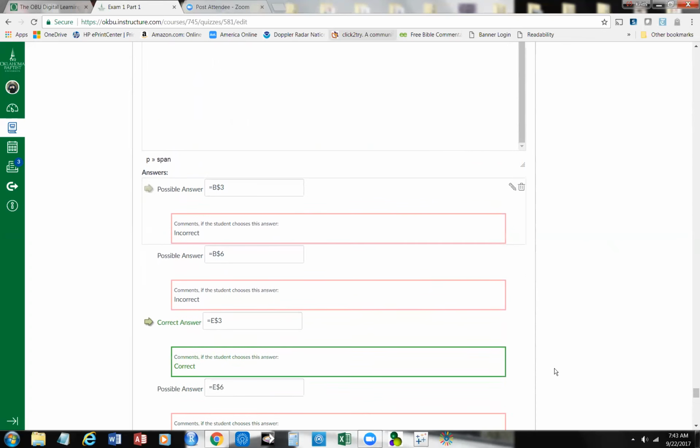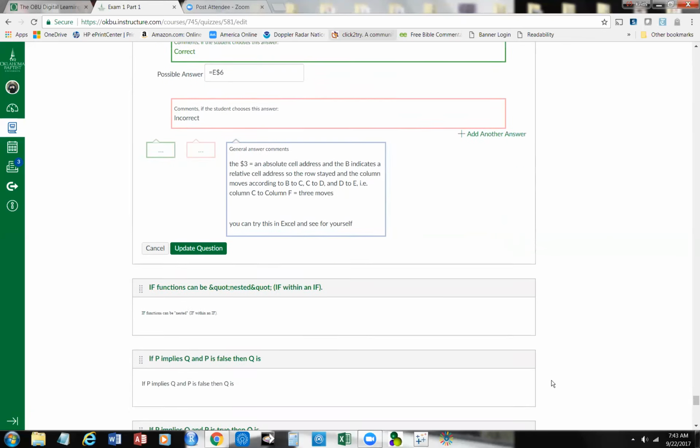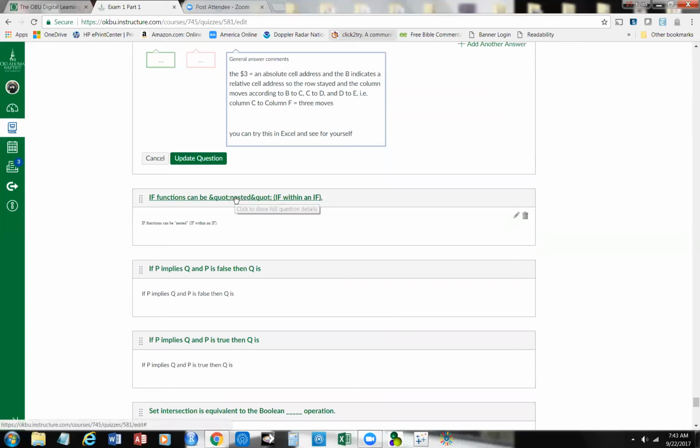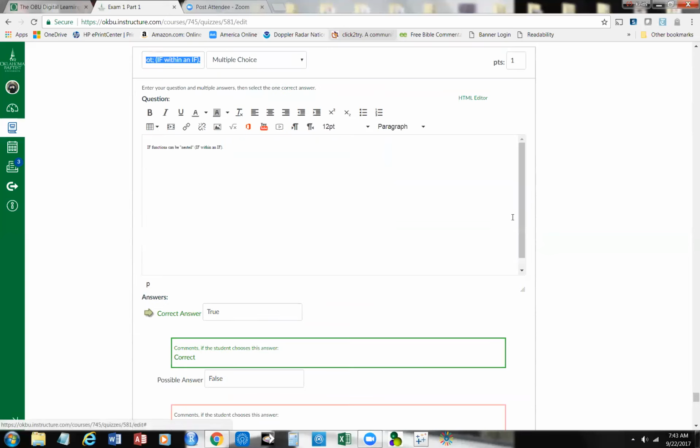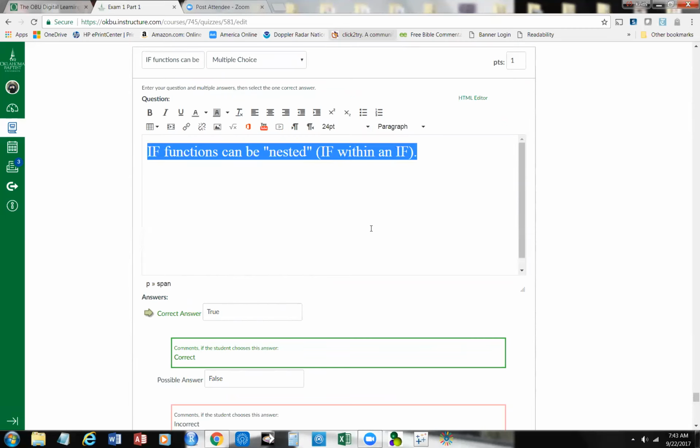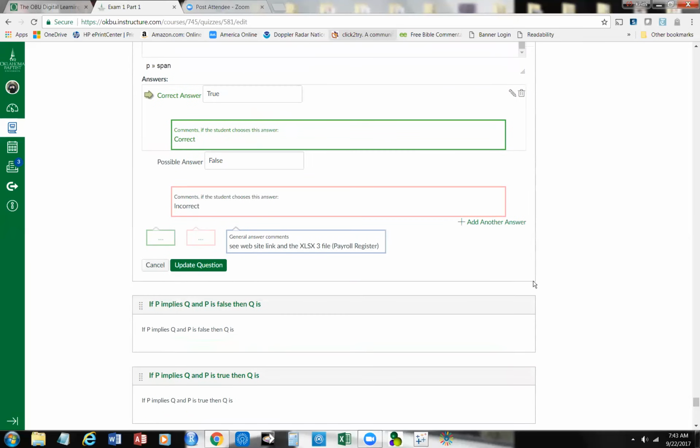And you can do it yourself and see how it's defined. And if functions can be nested, in other words, if within an if, is that true? Absolutely. You saw that in the very first case.